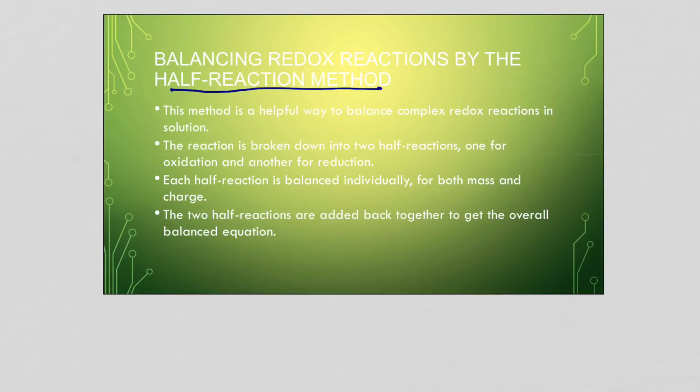And so the reaction is first broken down again into the 2 half reactions, the oxidation and the reduction, and then we balance them individually for both mass and charge, and then we add them back together to get the overall balanced equation in solution, right? So all of these reactions are going to mostly be involving aqueous materials, right? Things we're going to be working in solution.